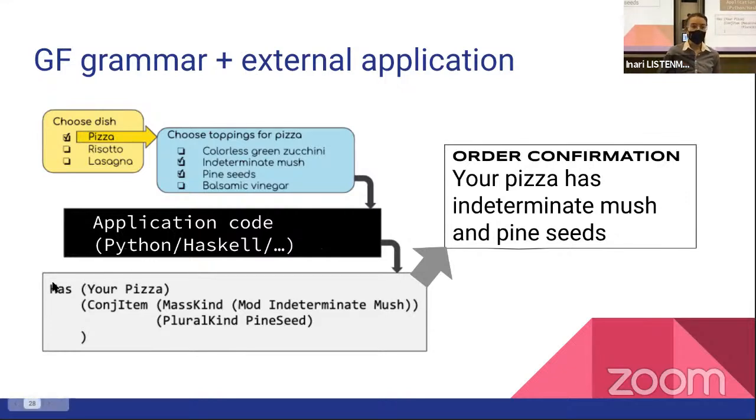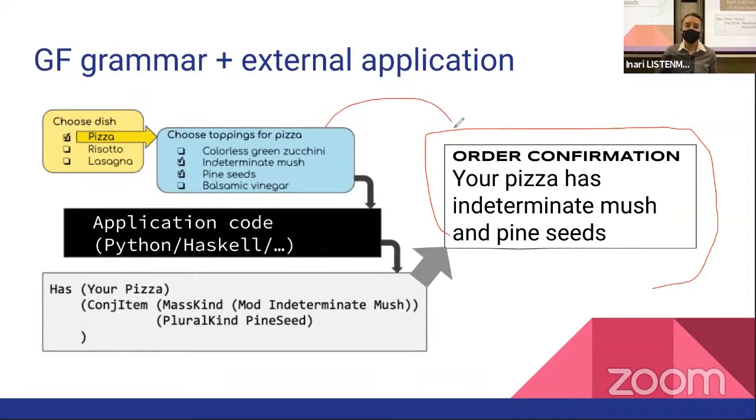Under the hood, that constructs a GF tree, which is finally linearized into this order confirmation. So what you see is just from this to this, but it actually goes via some Python, Haskell, GF, and then the linearization.